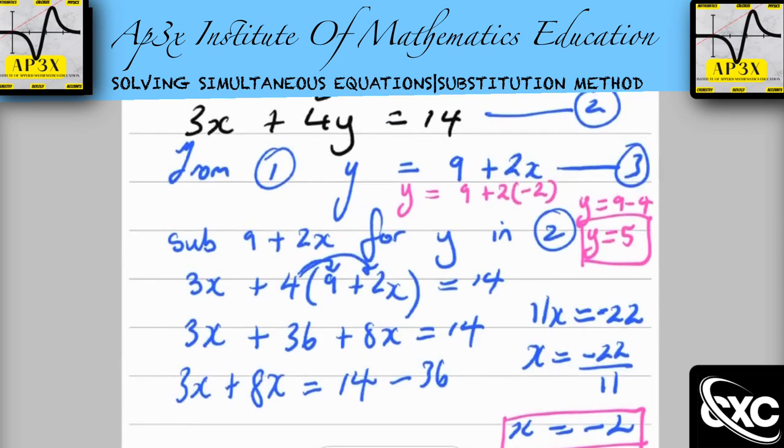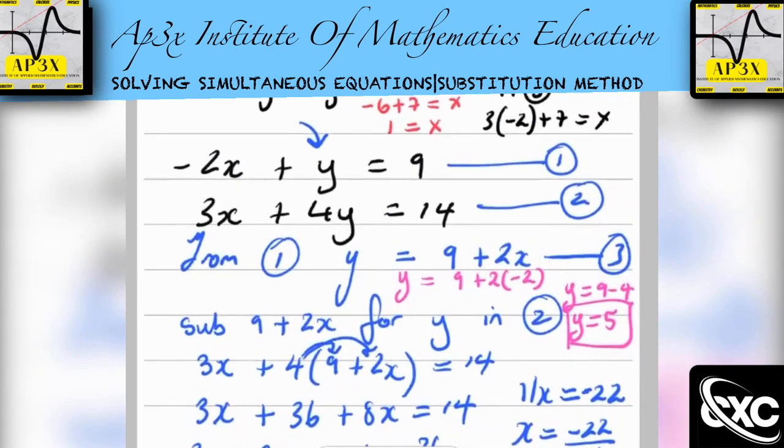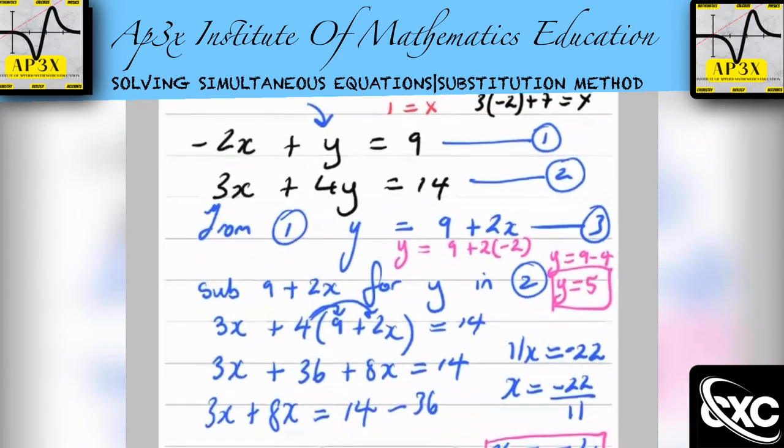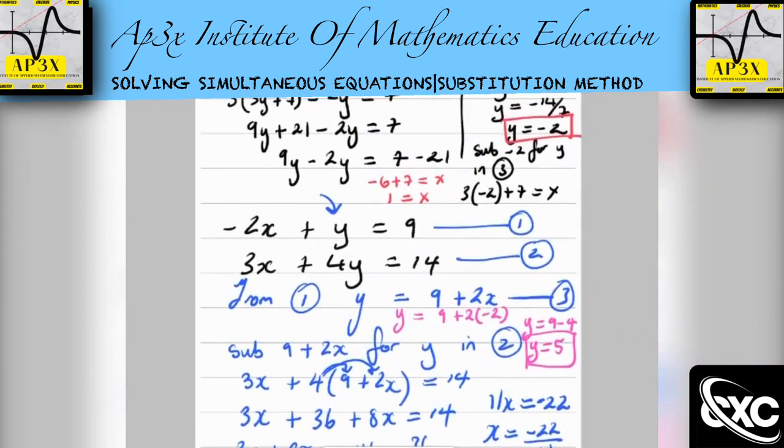Alright, so that is pretty much it. A couple of mistakes were made here, I caught myself, we're back in line, and that gives you a rock solid idea of how to apply the substitution method. Now of course we're going to be diving into method number 3 in part 3 of our simultaneous equation series.